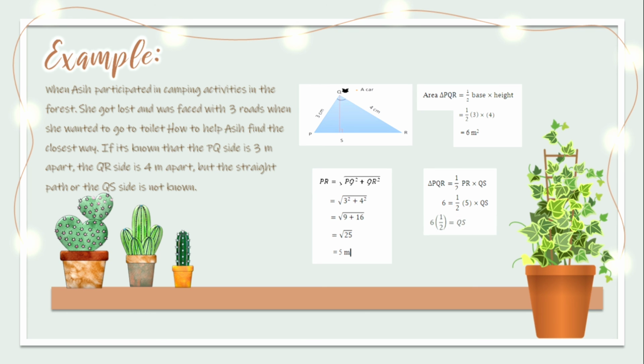Then we get 6 times 2 over 5 equals QS. And the result is QS equals 12 fifths, or QS equals 2.4.